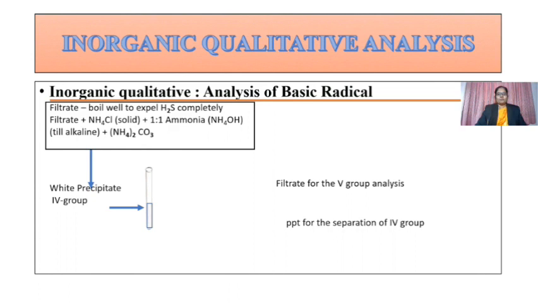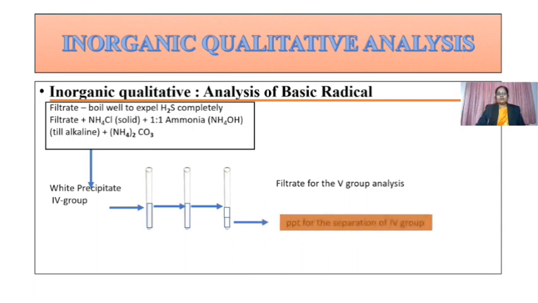Use this precipitate for further centrifugation. After centrifugation, you will get two parts, that is precipitate and filtrate. Use the precipitate for the separation of fourth group and the filtrate for the analysis of fifth group.